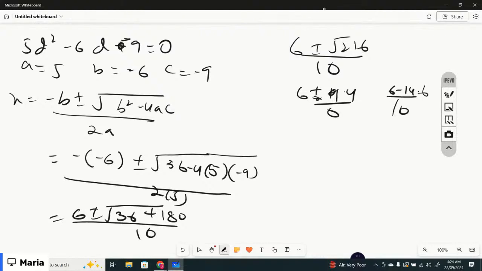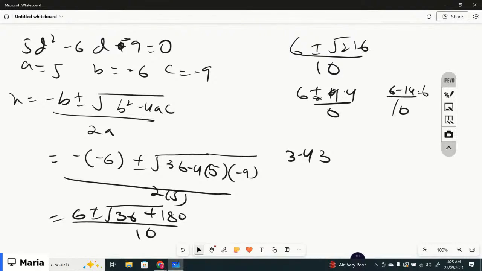So 6 plus 14.6 is 20.6, divided by 10, that is 2.06.